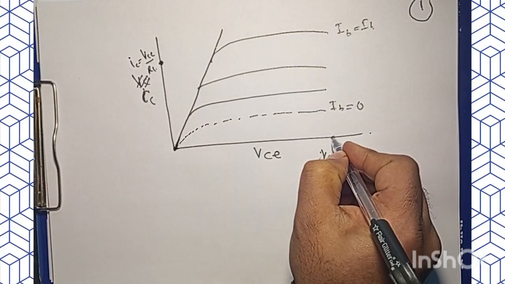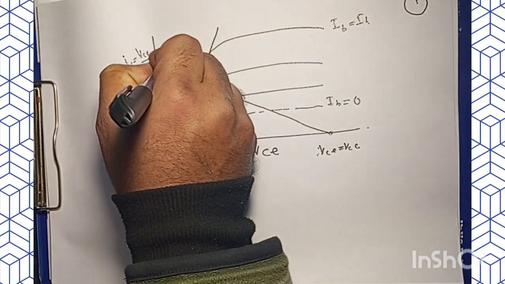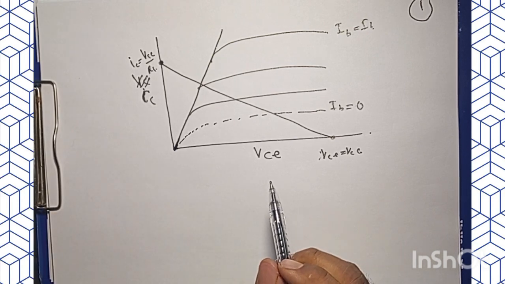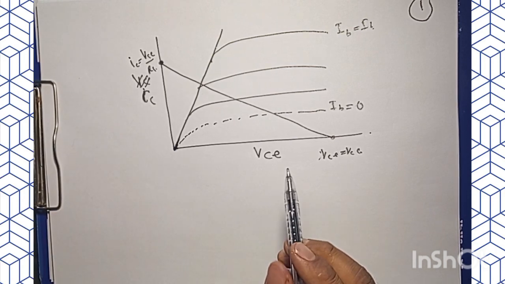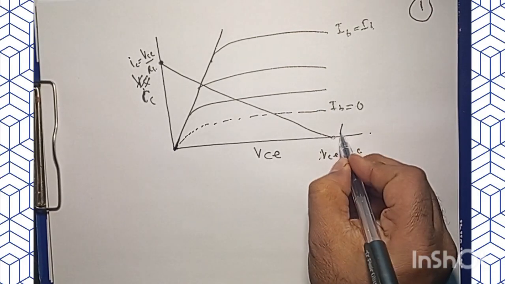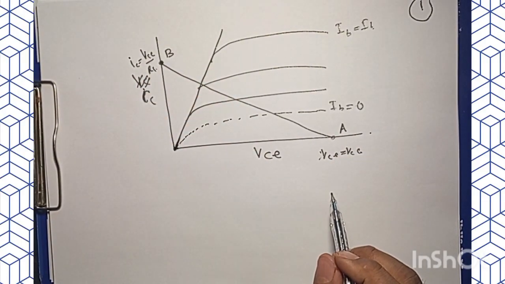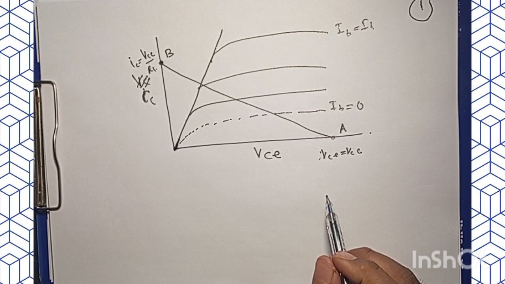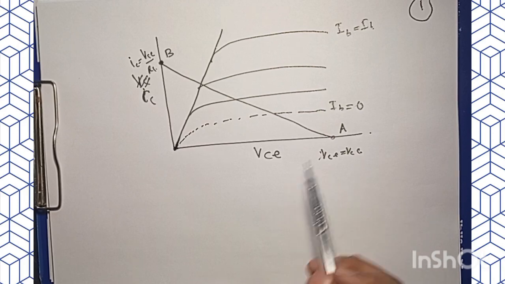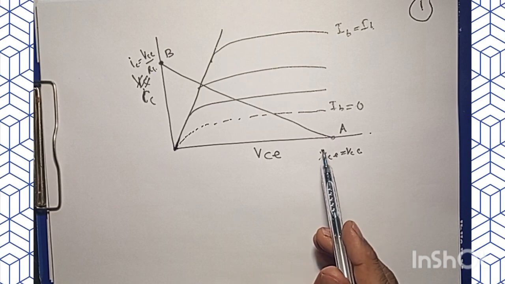Now, if we join these two points, we have a load line. We have a DC load line. What I would like to do here is mark this point as A, and this point as B. So the line joining these 2 points is my static or DC load line.